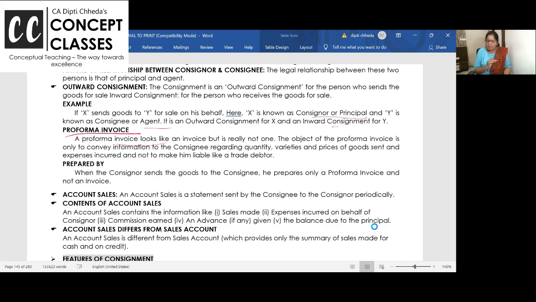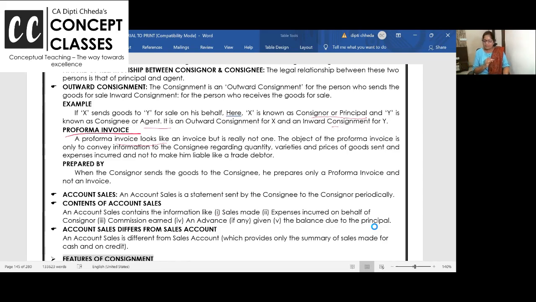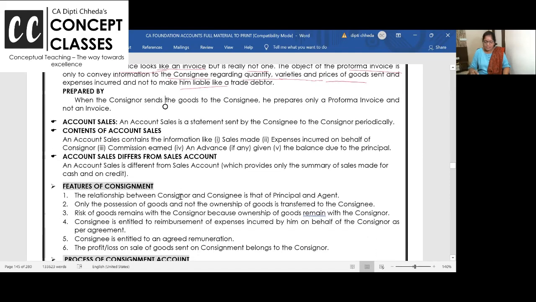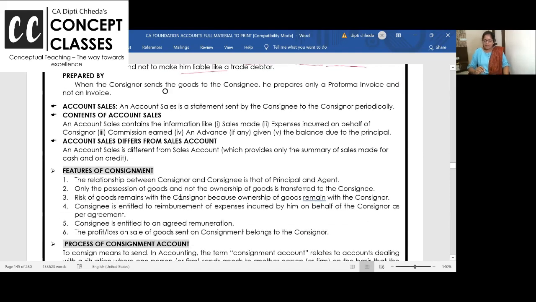That invoice is called as pro forma invoice. It looks like invoice, but it is really not one. Object of pro forma invoice is to only convey information to consignee regarding quantity, varieties, and all. When consignor sends the goods to consignee, he prepares only pro forma invoice.